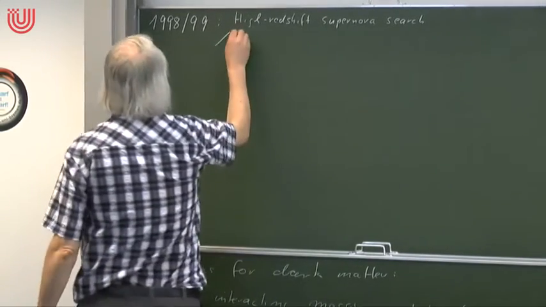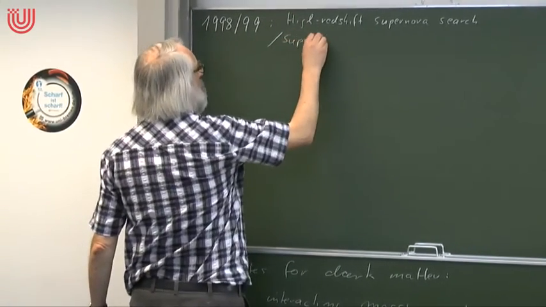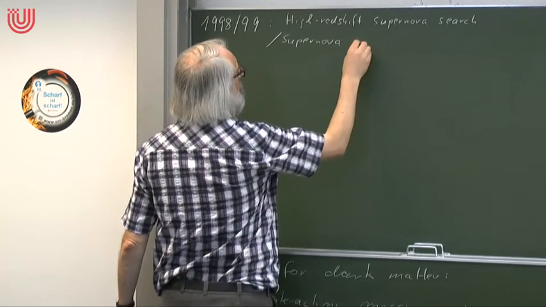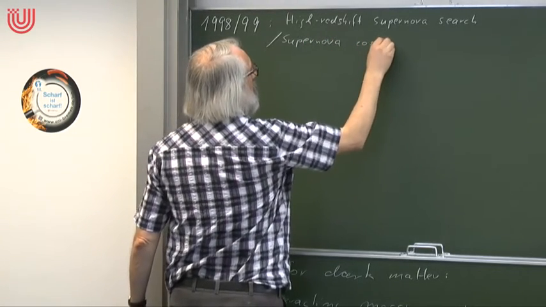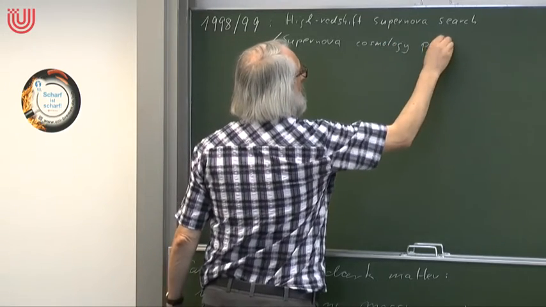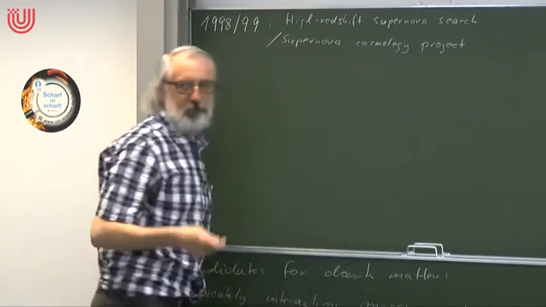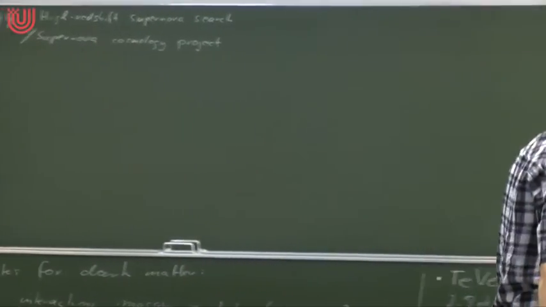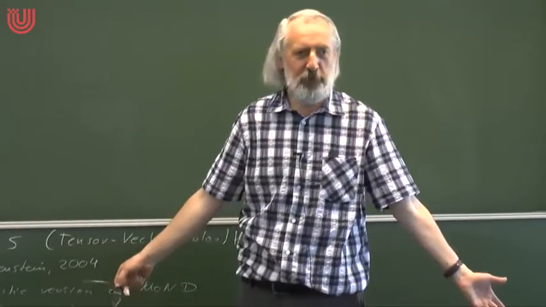So these were two collaborations which worked independently of each other, but they did the same thing, and they came to exactly the same result. So there are two possibilities, right? The first possibility is they found the correct result, so nature is really the way as they predicted, or they both made the same mistake.